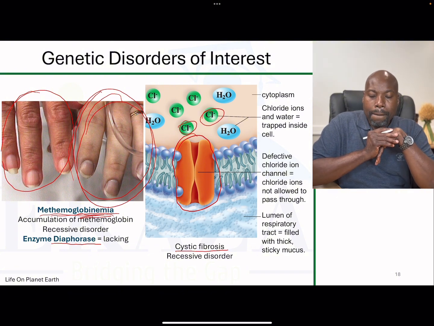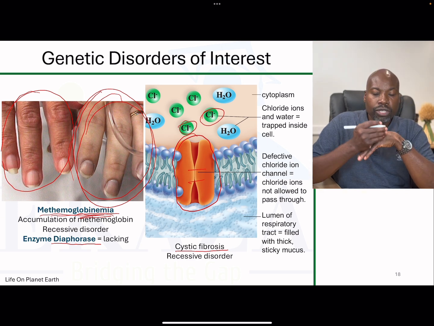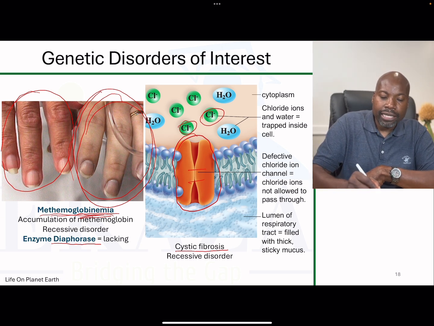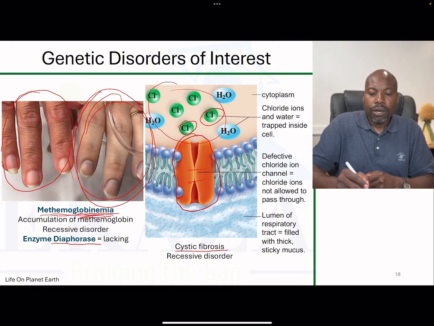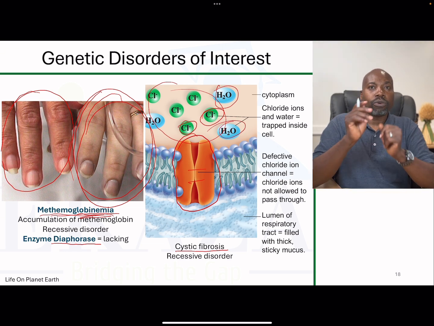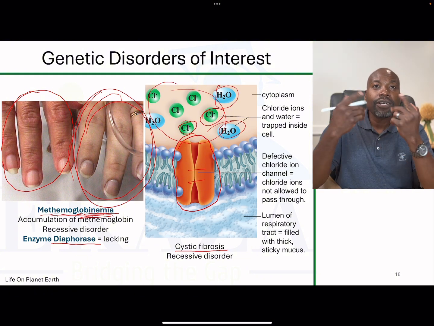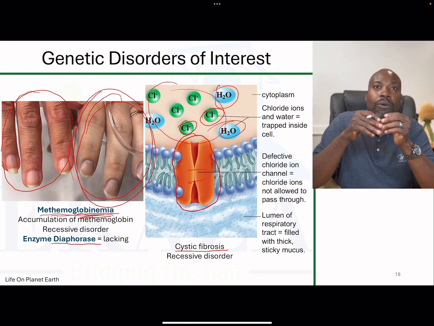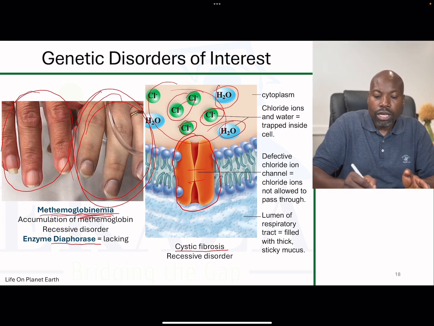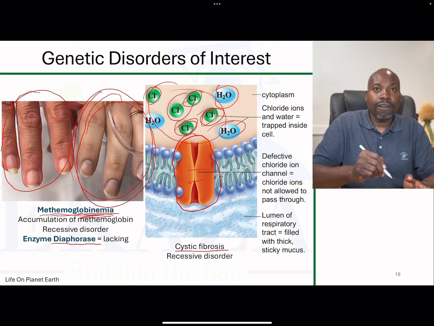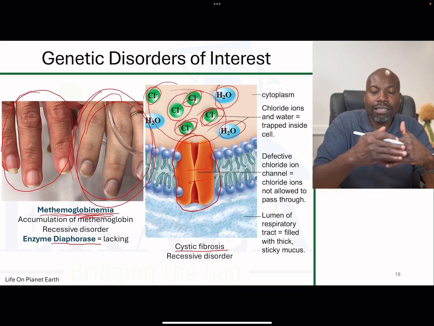Because of the lack of functionality of this abnormal channel, chloride is concentrated on one side, keeping water with it, because remember that some chemicals are not able to cross the plasma membrane. Because they are not able to cross, we have osmosis, right? And now, because of a high concentration of chloride on this side of the membrane, there is a need for water there, so that water is going to stay inside of the cell.